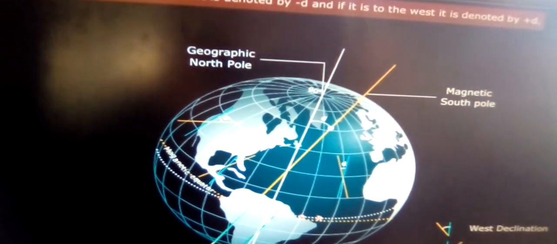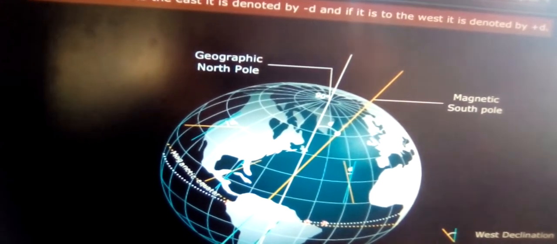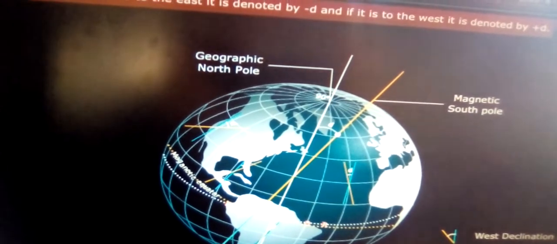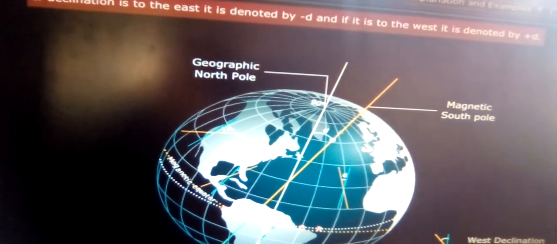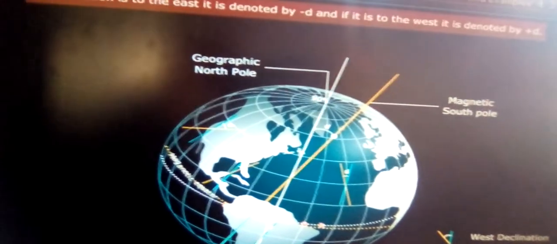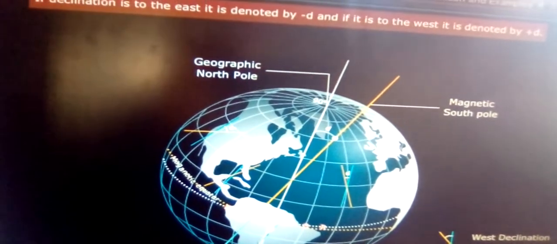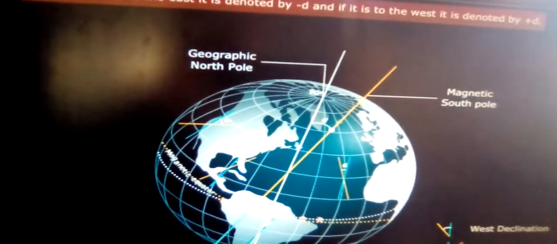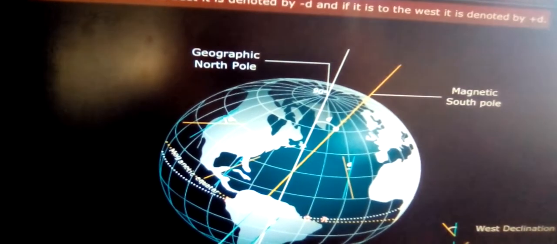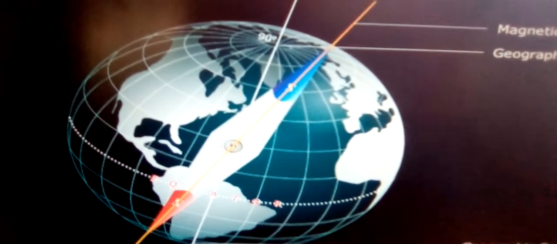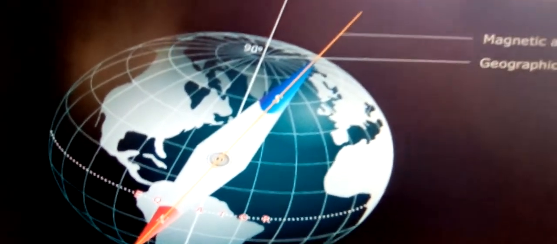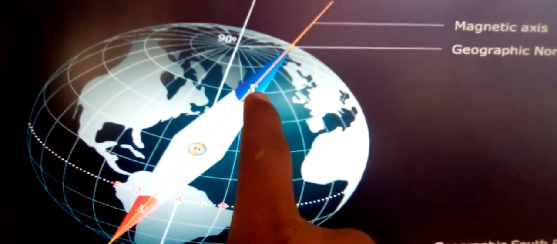That is, its north end will be up and its south end will be down, because down is where the geographic north is, and up is where the geographic south is.